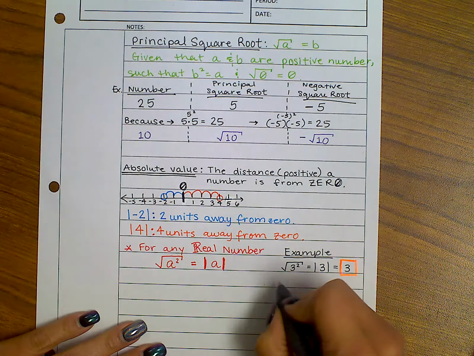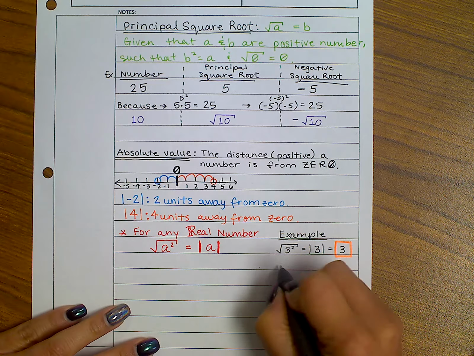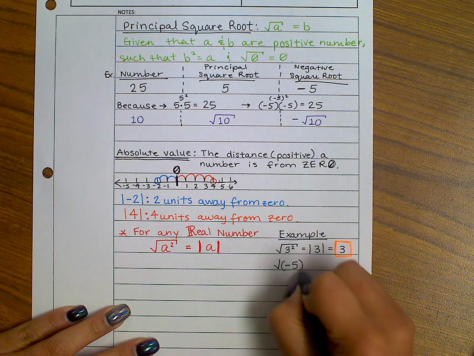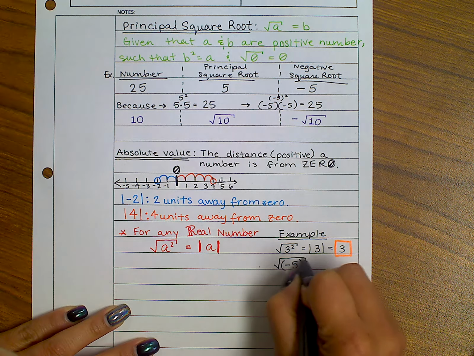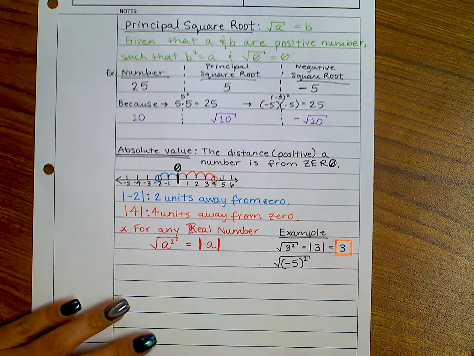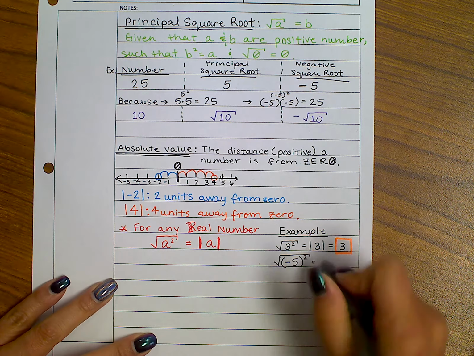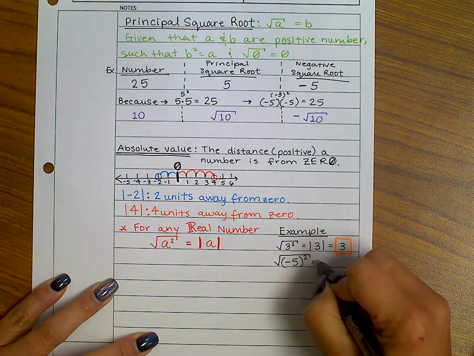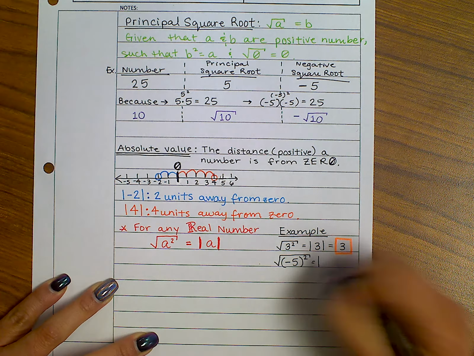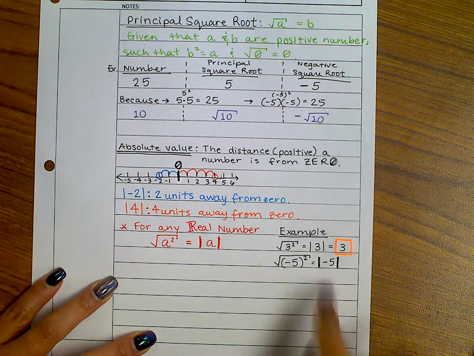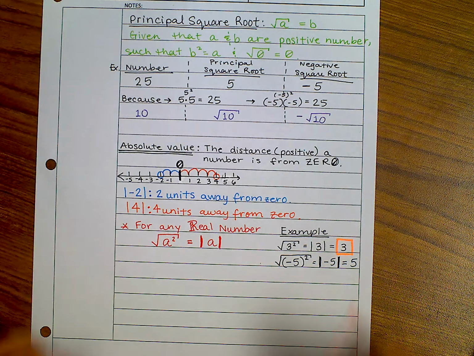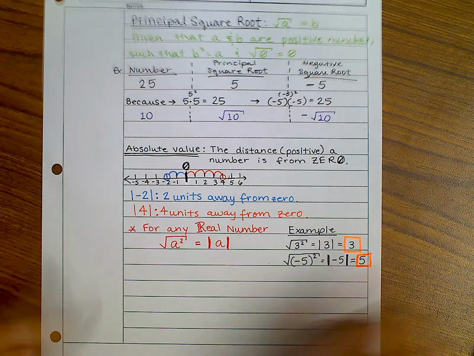Well, what if I gave you the square root of, I'm going to use parentheses, -5 squared, just like the example that we had up here. Well, that would be, and you have to be very cognizant of the parentheses, the absolute value of -5, which the distance that is from 0 is simply 5 units. Okay.